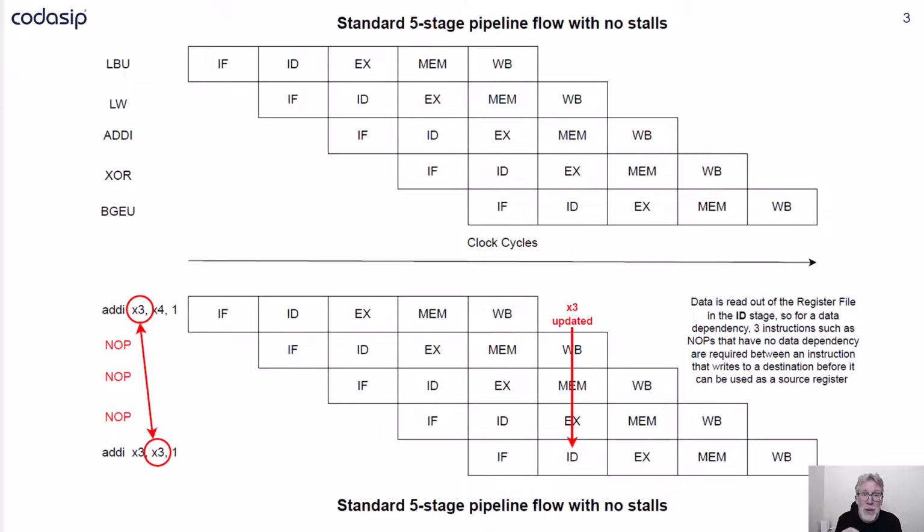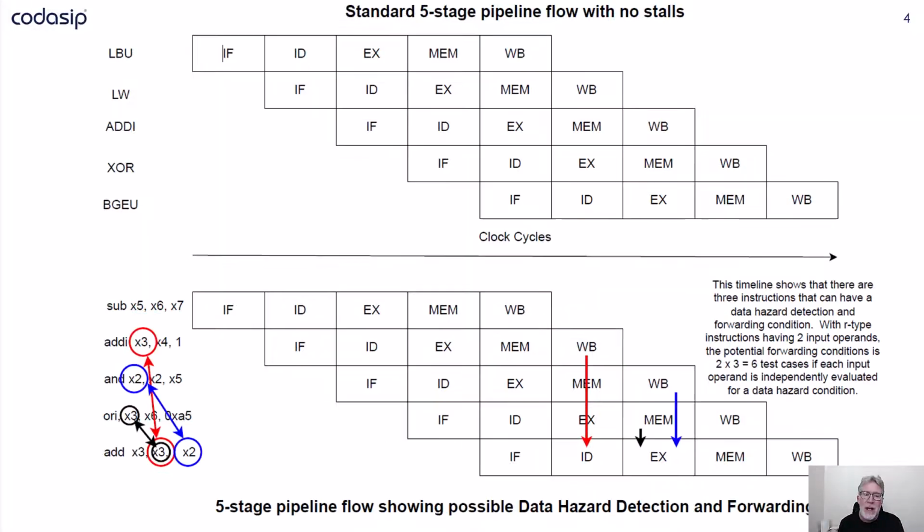So we want to remove this dependency of one instruction on the result of a prior instruction. And we do that through data hazard detection and data forwarding. Now, let's take a look at when we can do data hazard detection and data forwarding.